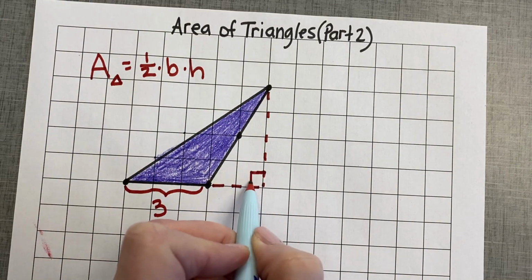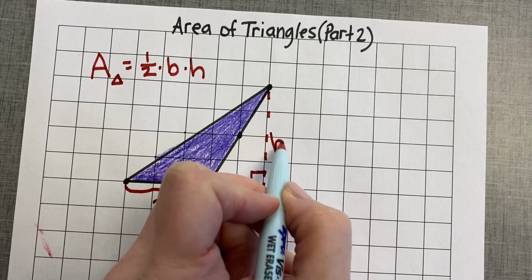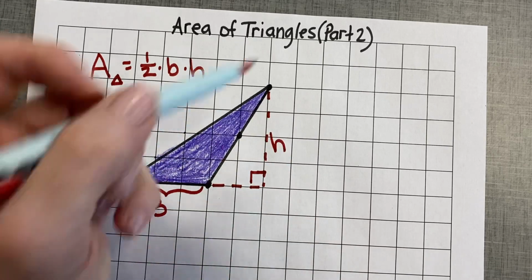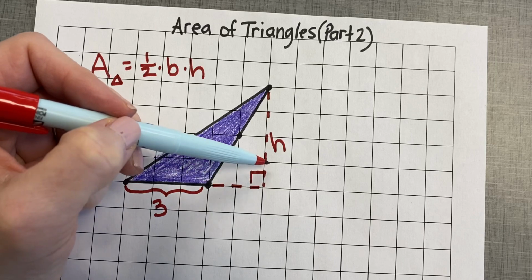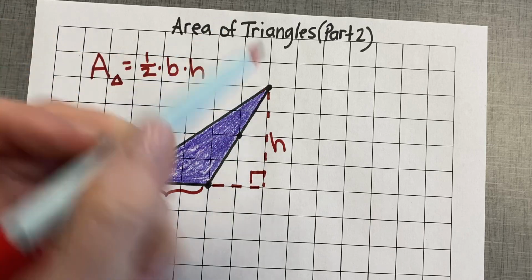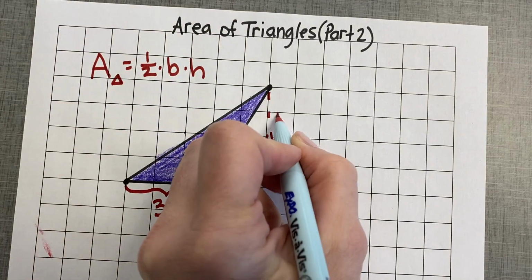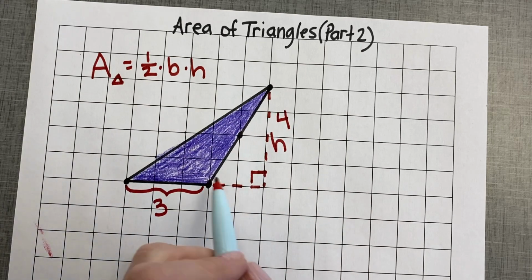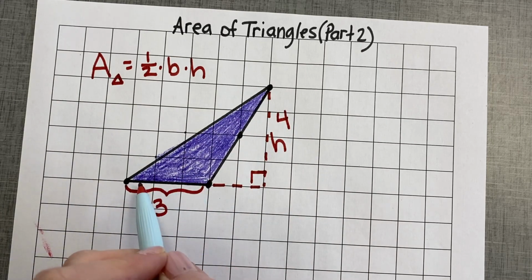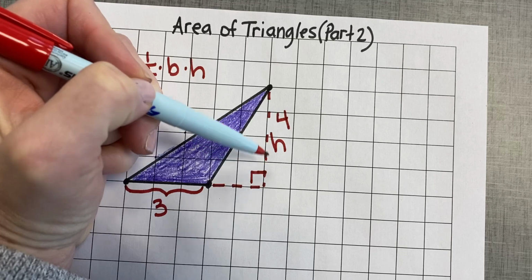So the height of our triangle is going to be right here. And so that is 1, 2, 3, 4 units in length. So we have a base of just 3 units. Now we have a height here of 4 units.